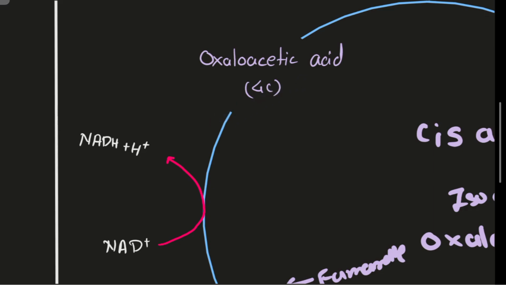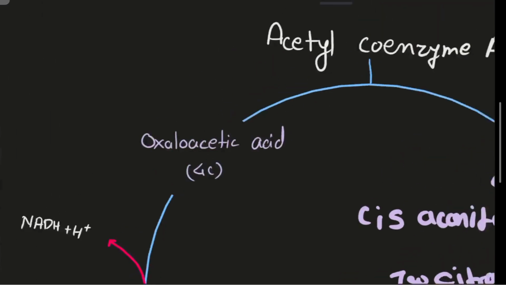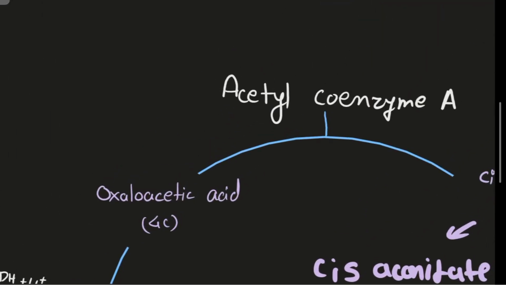While this we get one NADH2 molecule, and this cycle continues again for acetyl coenzyme A.